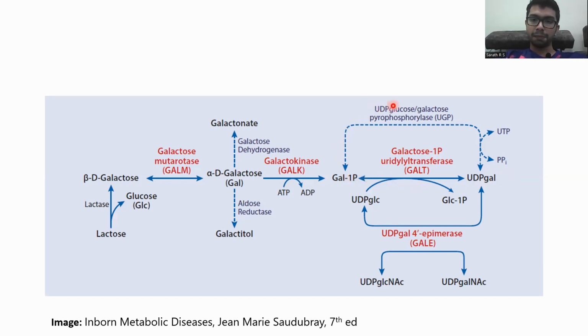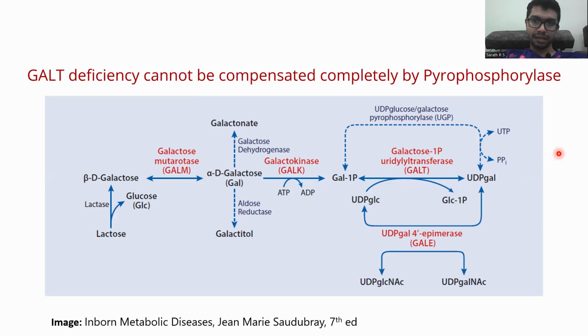There is one alternate pathway in which galactose 1-phosphate can be converted to UDP-Gal, which is mediated by UDP-glucose galactose pyrophosphorylase. However, suppose there is a deficiency of GALT, then this pyrophosphorylase cannot completely compensate for this deficiency, which means there will be accumulation of galactose 1-phosphate.